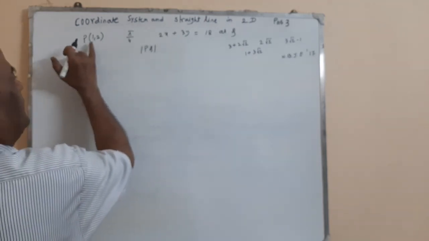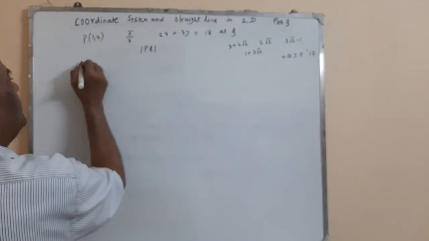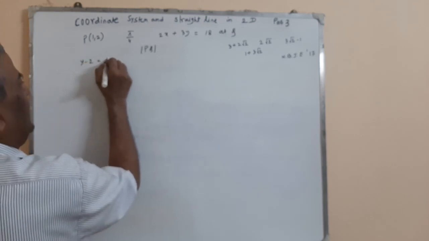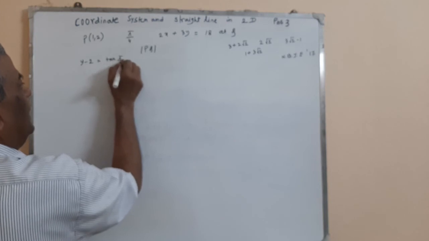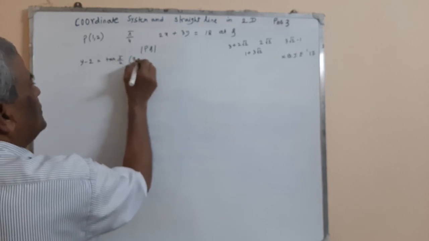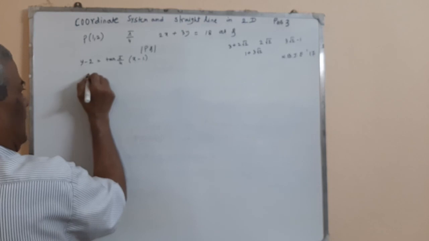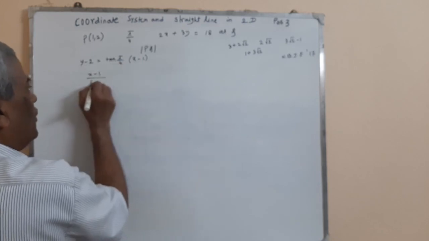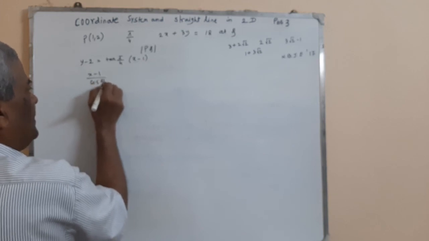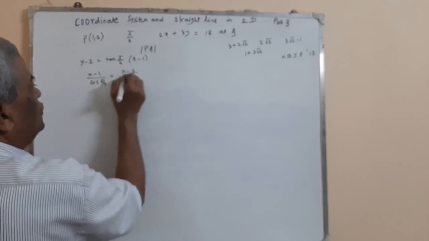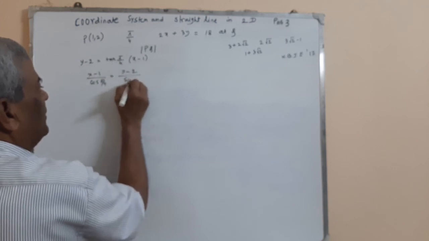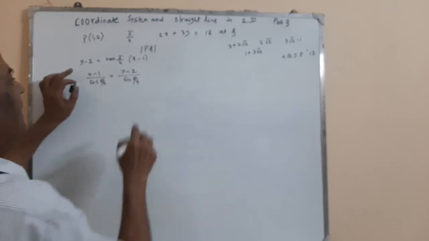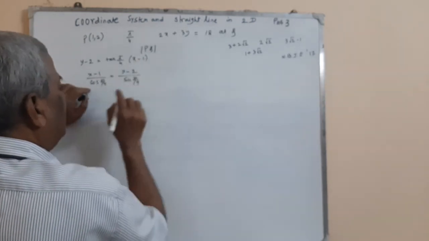The equation of this can be written as y minus y1 is equal to tan pi by 4 into (x minus 1). That is (x minus 1) by cos of pi by 4 is equal to (y minus 2) by sine of pi by 4. Parametric form, (x minus x1) by cos theta, etc.